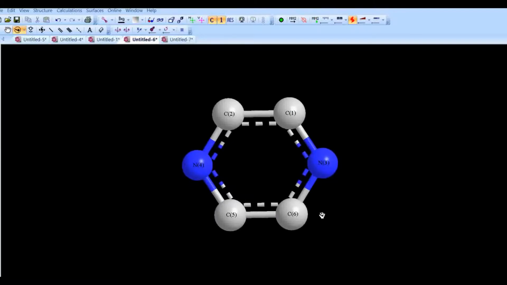Because if I rotate the molecule around any axis passing through two opposite atoms, then it is a C2 axis. So an axis passing through C2 and C6, an axis passing through C5 and C1, an axis passing through N4 and N3. These are all C2 axes.